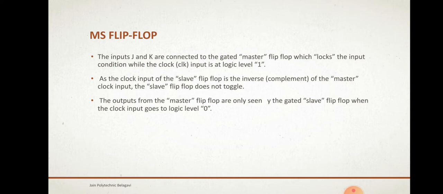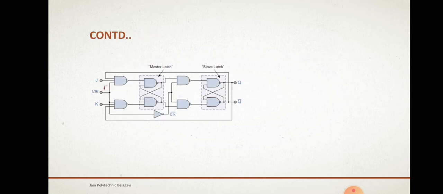The output is not going to toggle at that time. So when the clock pulse is 0, the output is not going to toggle. The output of the master flip-flop is only seen by the gated slave flip-flop when the clock input goes to logic level 0. You can observe the diagram here.